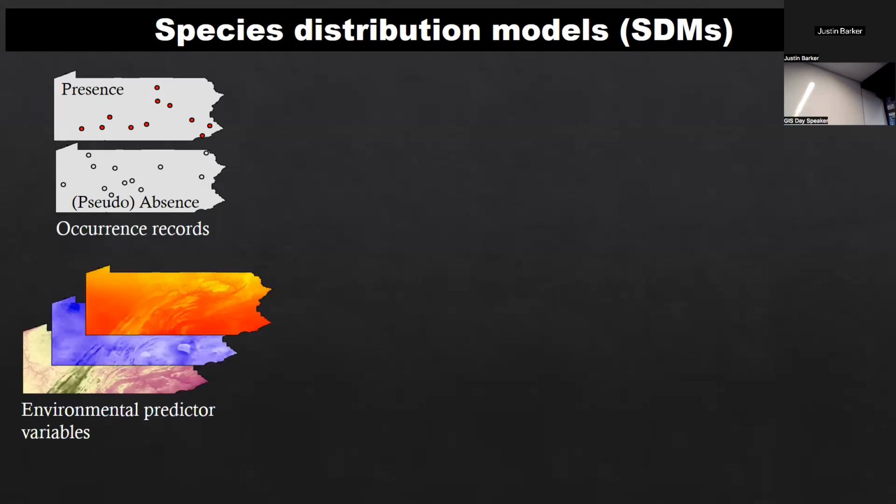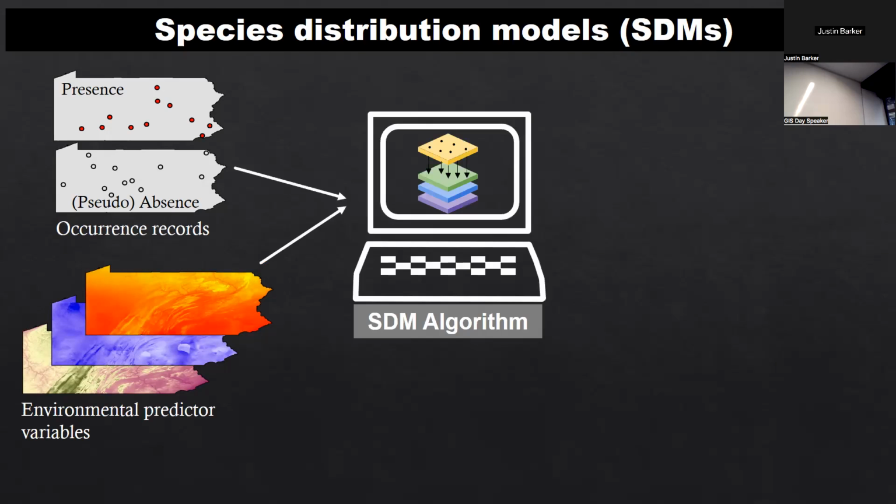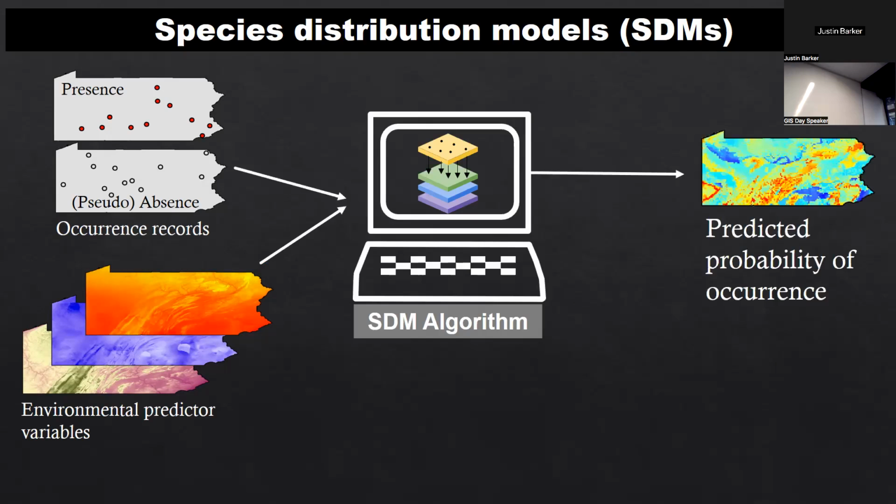These are then related to spatially explicit environmental predictors, which are run through an artificial or machine learning algorithm to provide an output of the predicted probability of occurrence or some other output depending on the objective of the study.